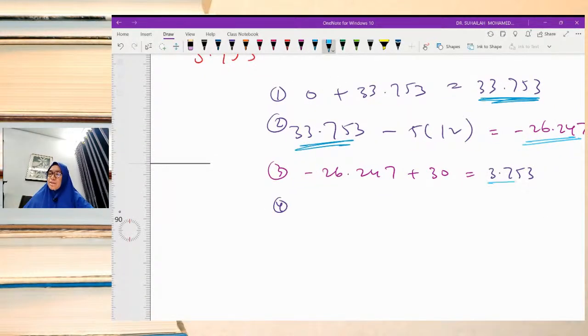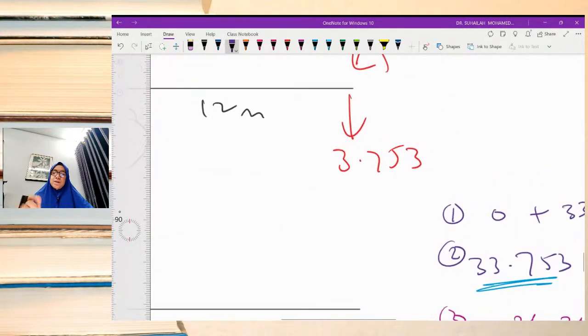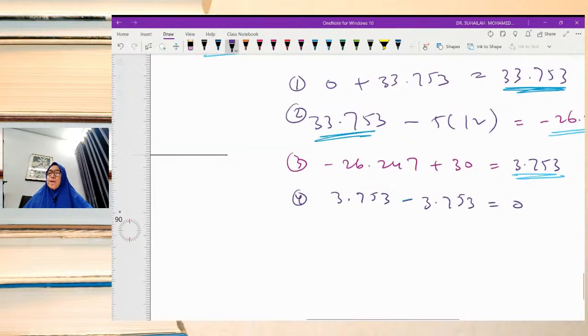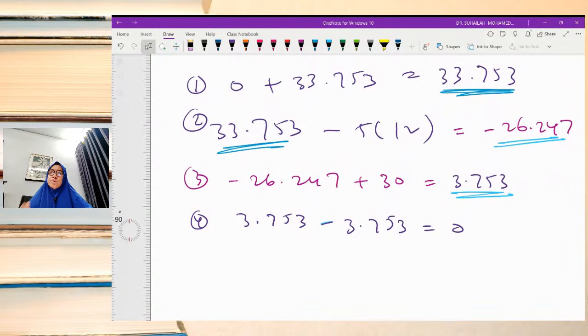Step number 4: use this 3.753 back, we have to minus by 3.753, and we get 0. That is the process to draw the shear force diagram. In the shear force diagram, start and end must be 0.